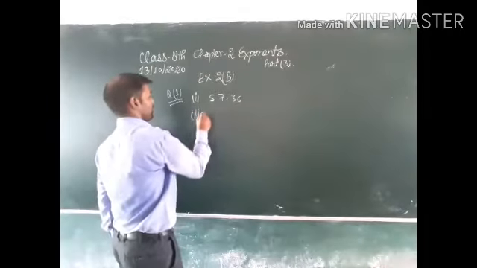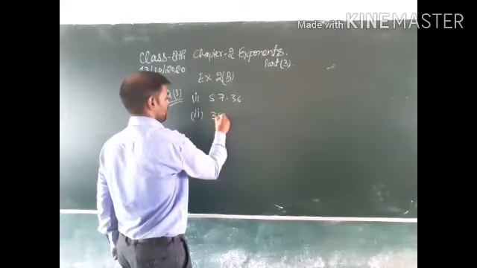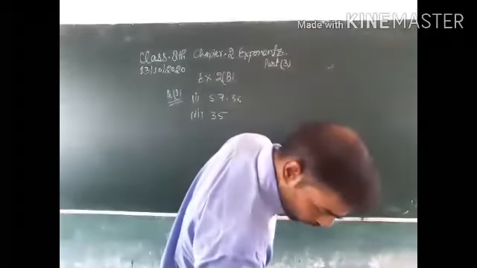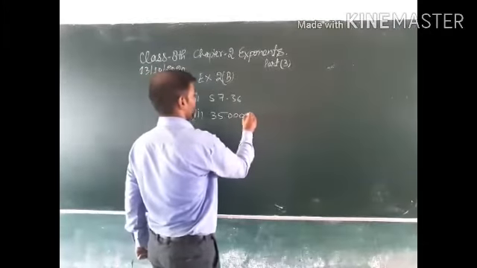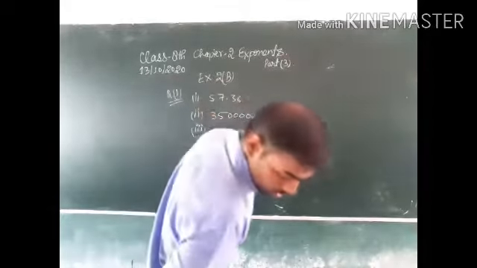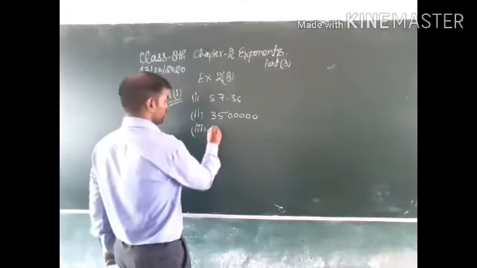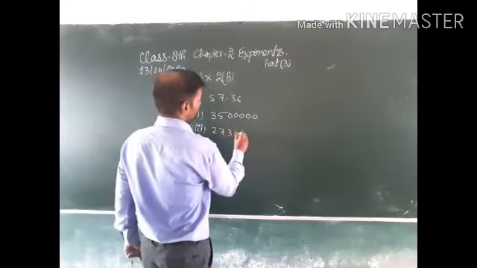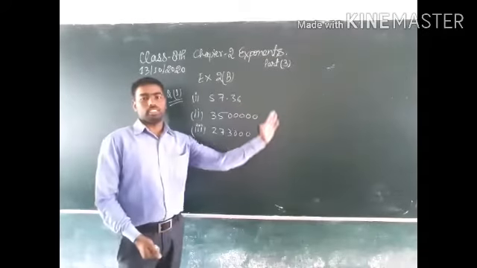Second, 35 followed by zeros: 1, 2, 3, 4, 5. Third, 273, and then 1, 2, 3 zeros. So we write the standard form of these given numbers.